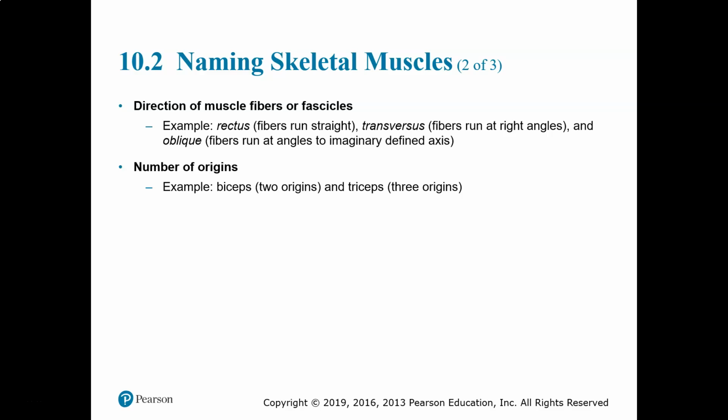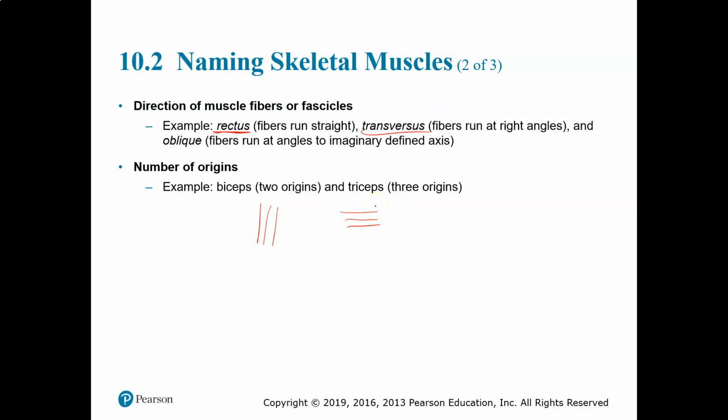So another way that you can name skeletal muscles is the direction that the muscle fibers or muscle fascicles run in comparison to the longitudinal axis of the body. So if it's rectus, the muscle fibers run straight. If it is transversus, they run at right angles.